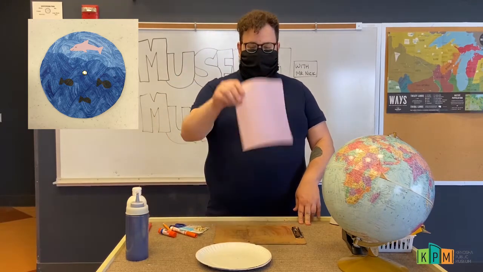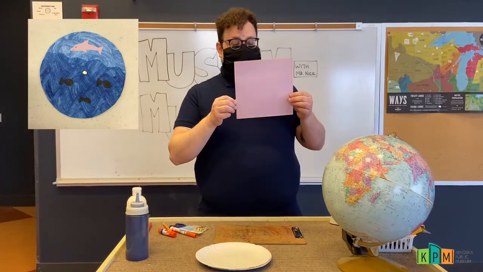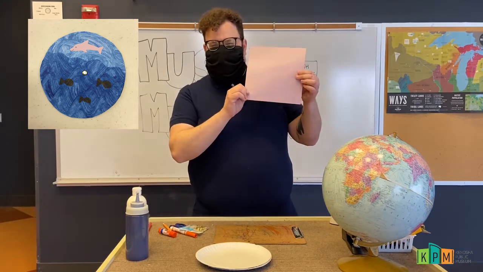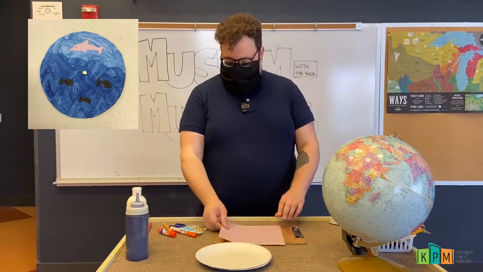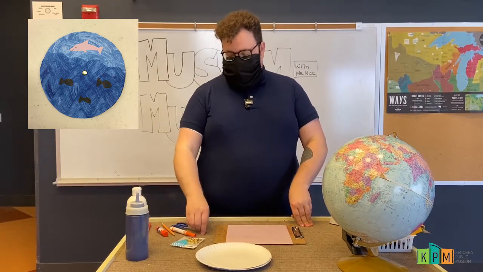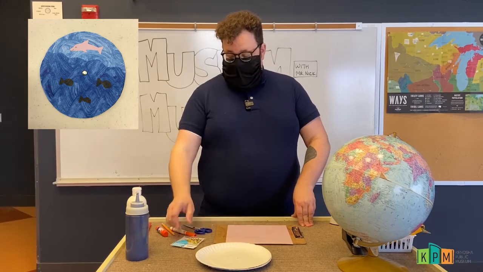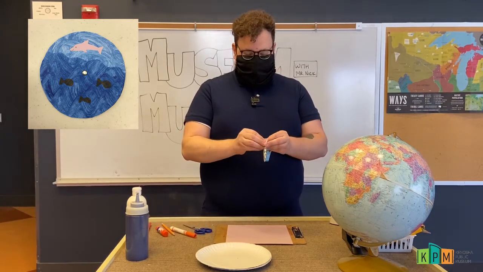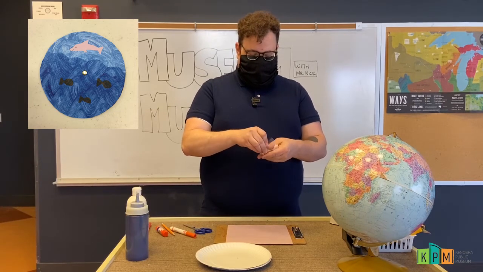We're going to need a piece of construction paper, whatever color you want your dolphin to be. I want mine to be a grayish, purpley color, I think. And then I'm just going to need a glue stick, some scissors, and one of these brass brads to hold it all together. So let's take one out of the package.